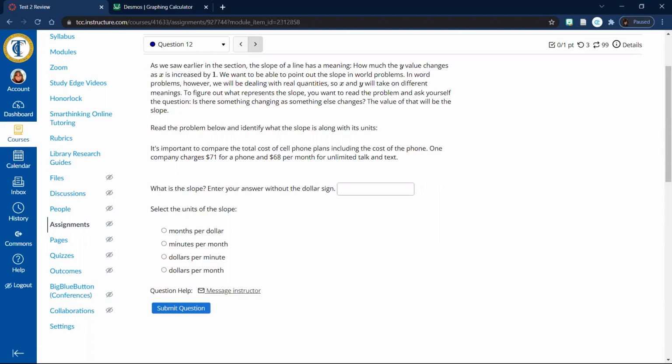If we're looking at this based off of what they gave us, if it's $71 for a phone and $68 per month, what's the value that never changes?